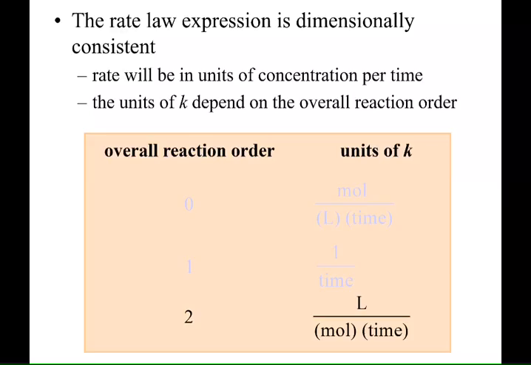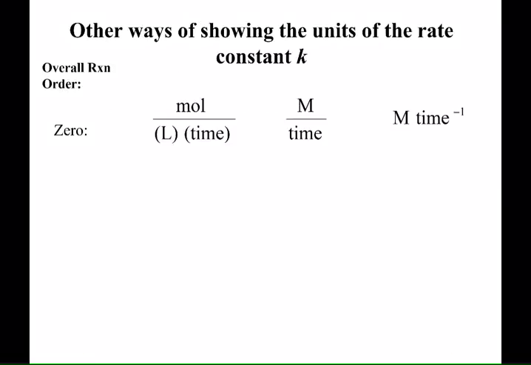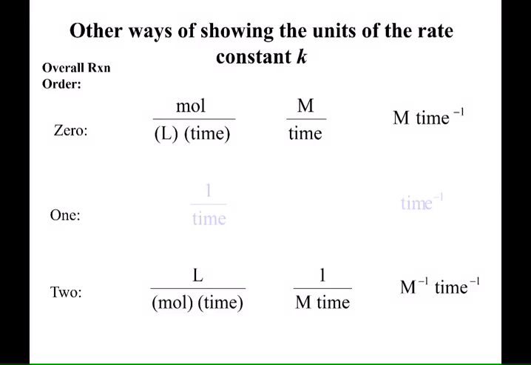So looking at it a different way, if it's overall reaction order 0, then K needs to be units of moles per liter over time. Different ways of looking at that, these 3 are all saying the same thing. And we said if it's first order overall reaction order, it needs to be inverse time. And I will say that these slides are pretty important in that you got to do a little bit of detective work.